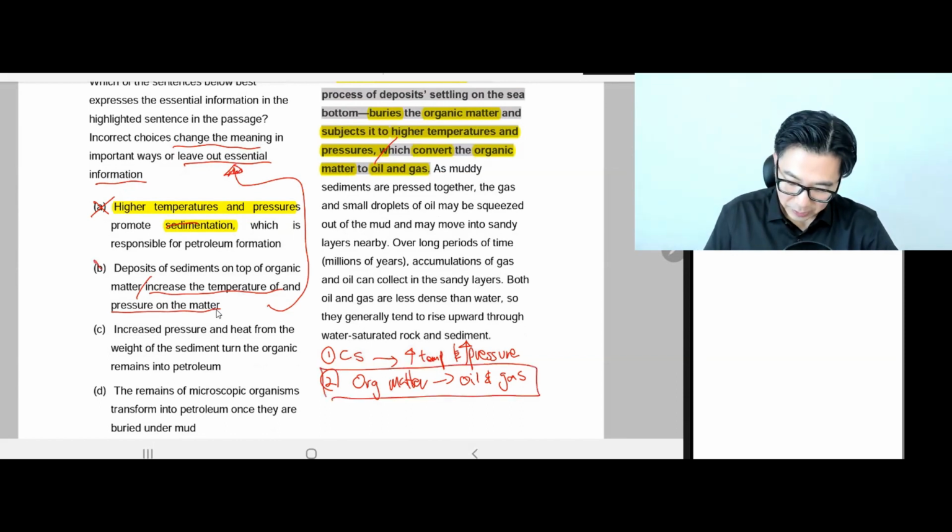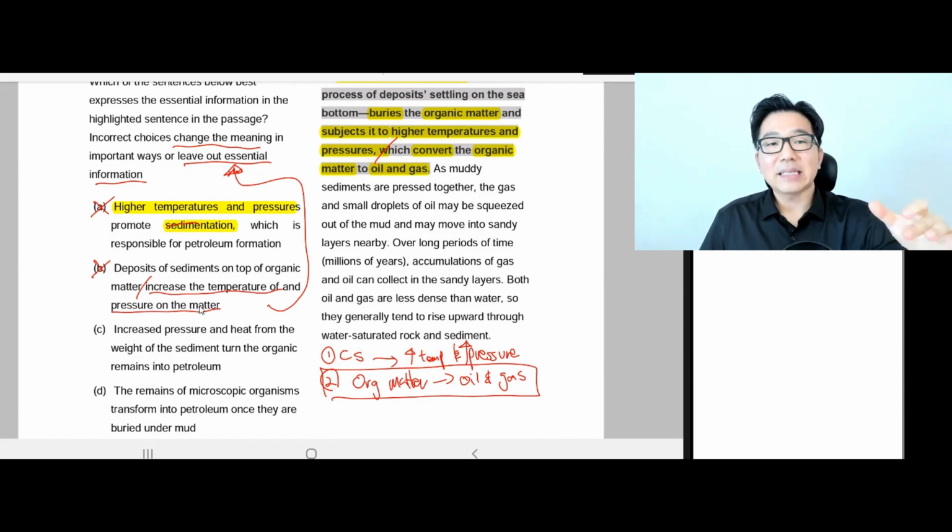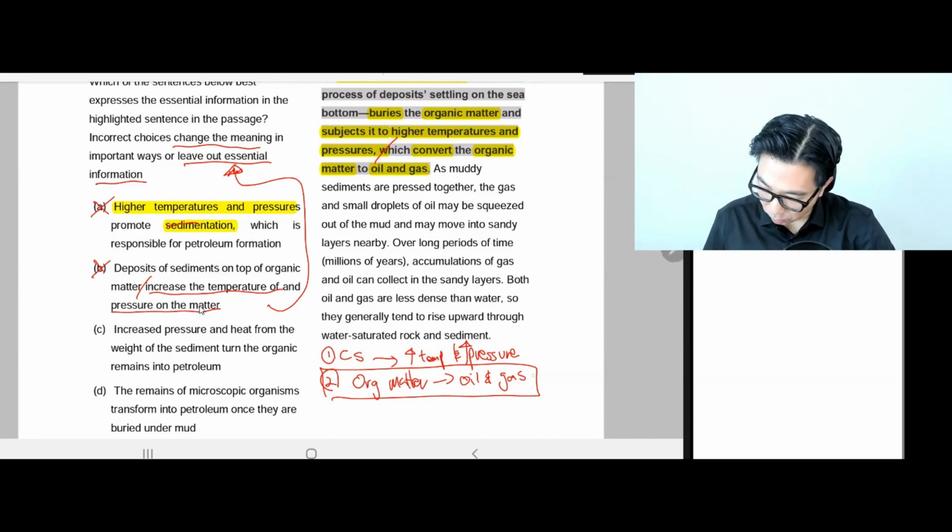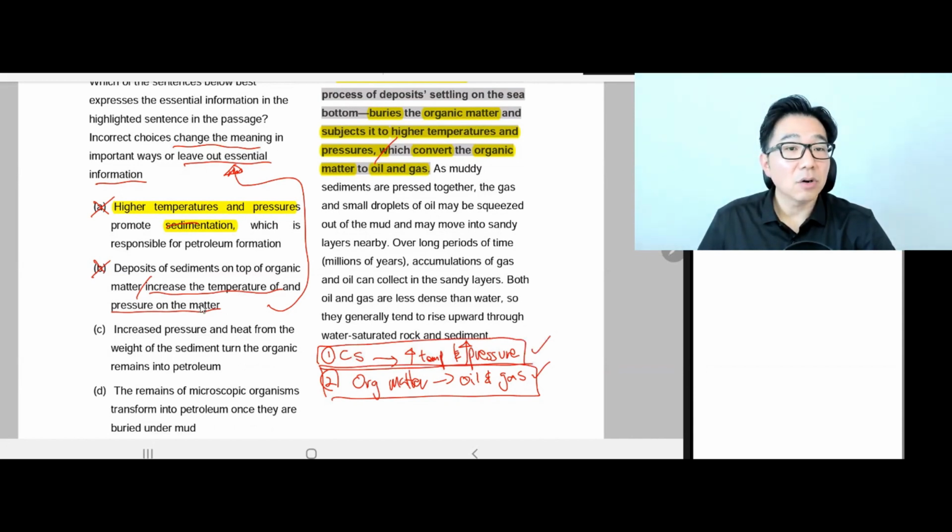B doesn't have the part saying that the increased temperature and pressure of the organic matter makes the matter into oil and gas. We need that. We need both parts. And the second part is completely missing here.